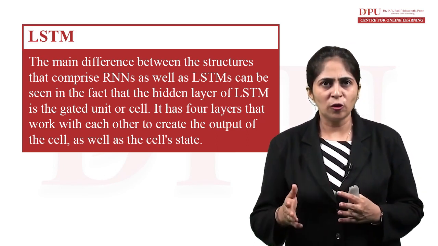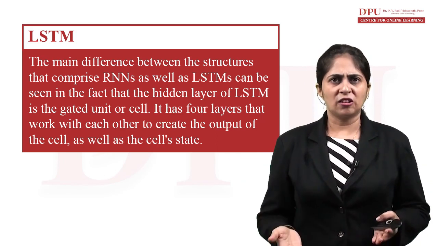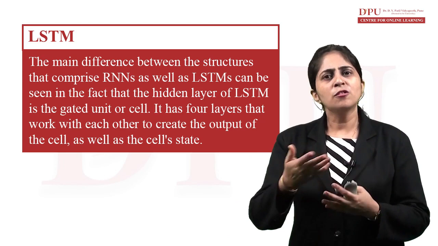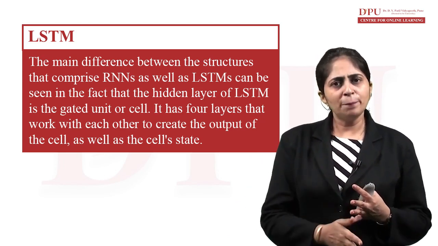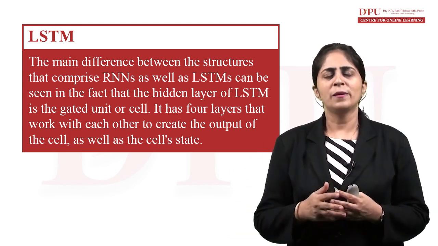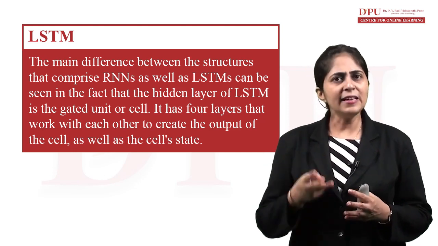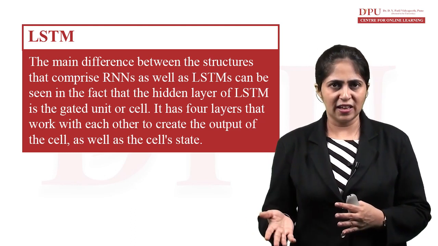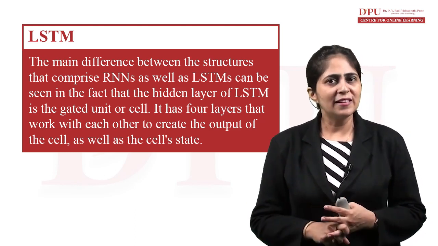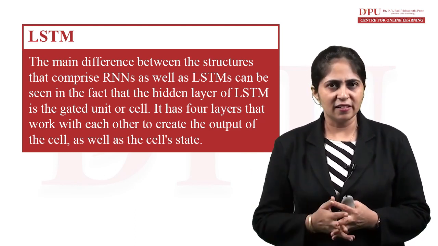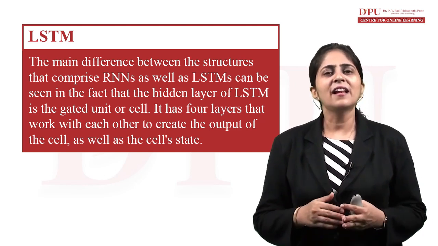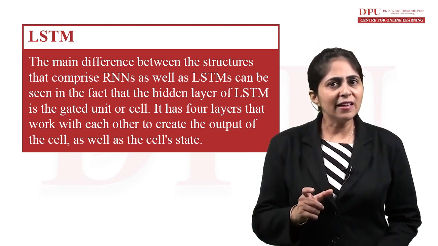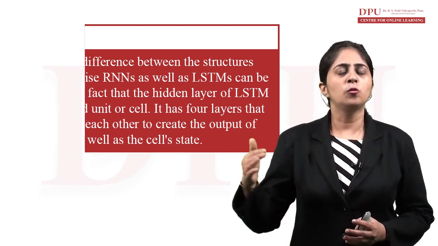It has 4 layers that work with each other to create the output, and all these layers transfer the data from one part to another. It comprises 3 logistic sigmoid gates and 1 tanh layer. Why are these gates added to the structure of LSTM? To restrict the information that goes through the cell.